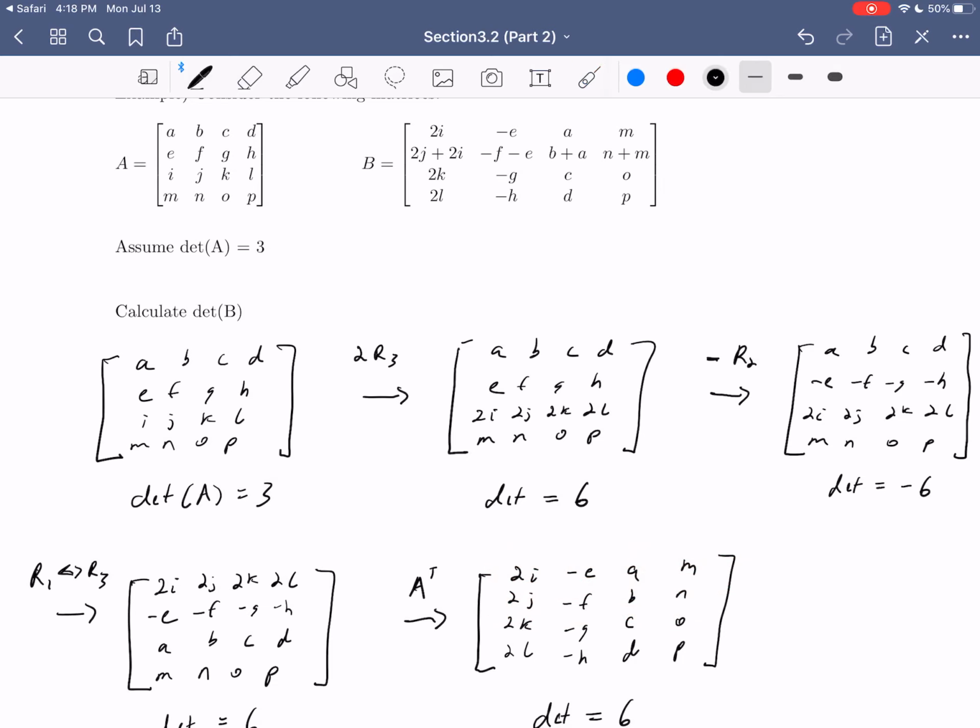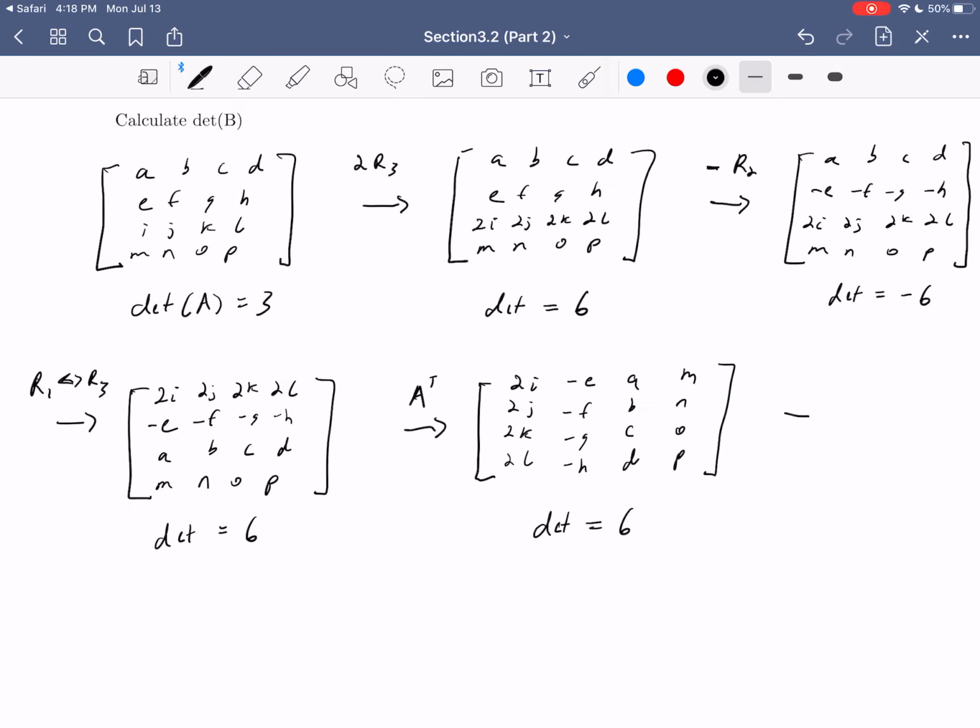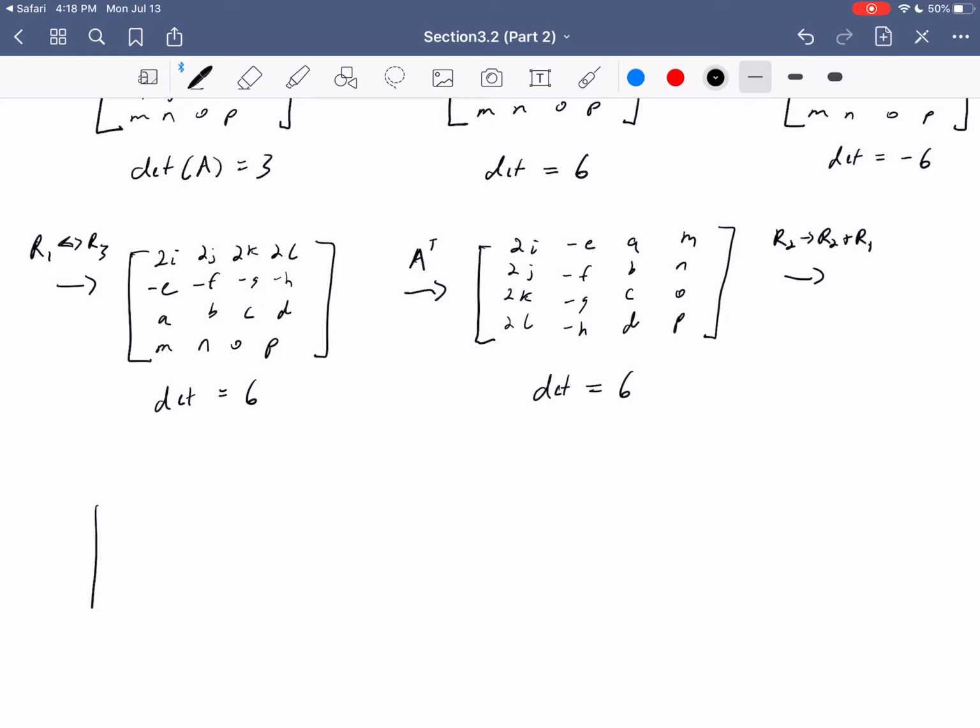Of course, we know that that's not going to modify anything, but let's just go ahead and write it out. So let's take row 2 and replace it with row 2 plus row 1, which means that we would get 2i minus e, a, m, 2j minus f, b, n, 2k minus g, c, o, 2l minus h, d, p.